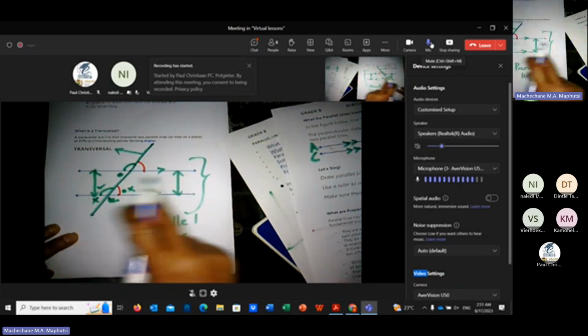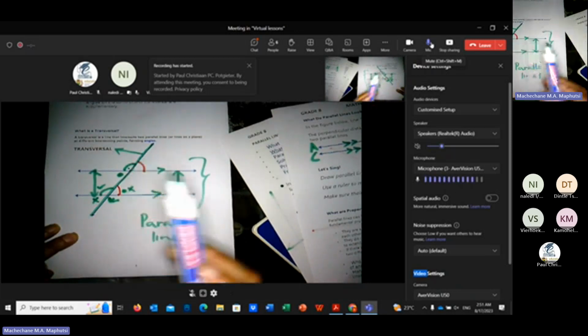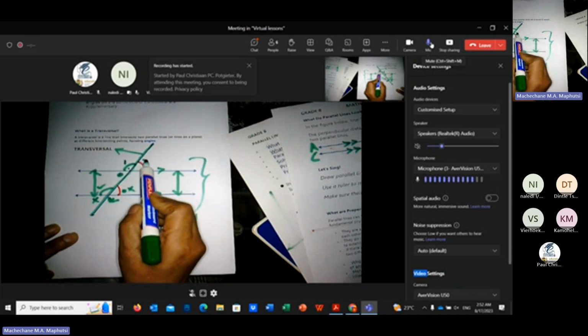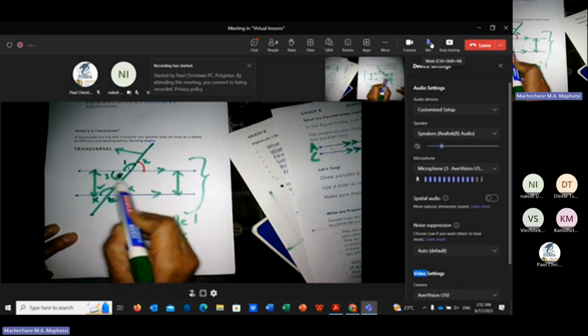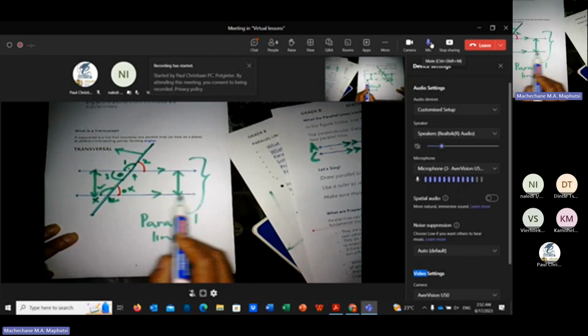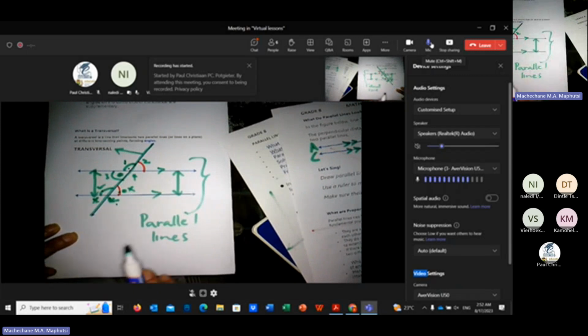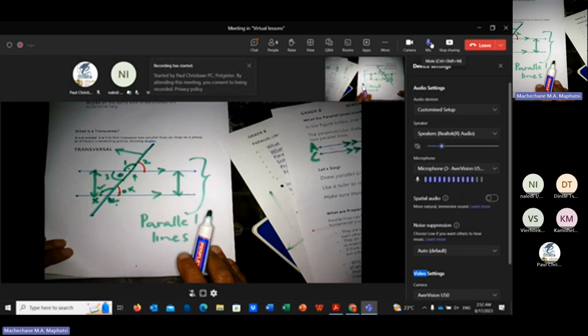Where the transversal cuts one parallel line, you're going to have four angles: the first one, the second one, the third one, and the fourth one. On the other parallel line and the transversal, you still have 1, 2, 3, 4 angles. So this is what you have to know. When parallel lines are cut by a transversal, some angles are going to be formed.